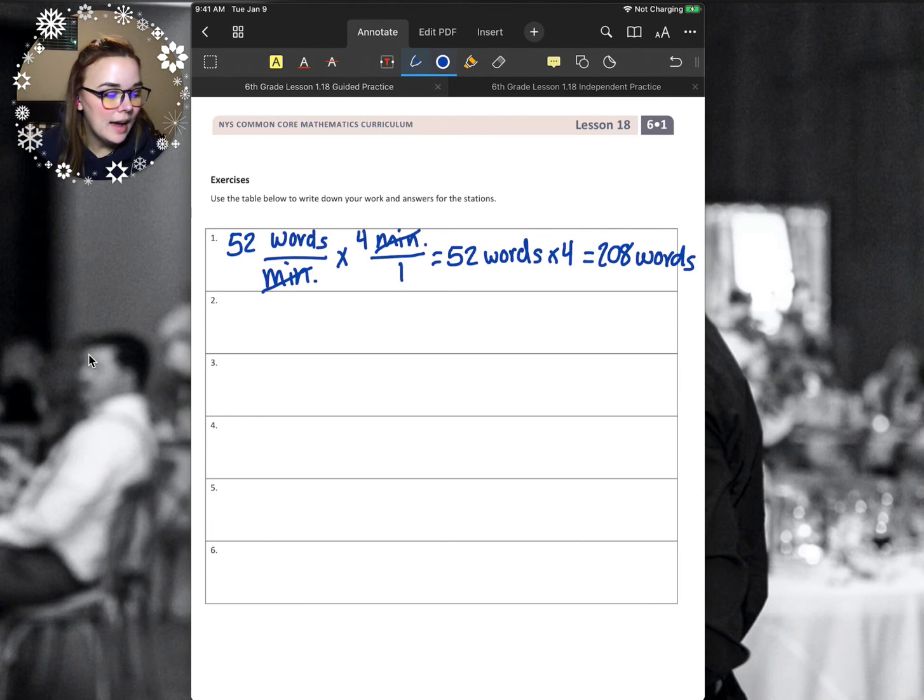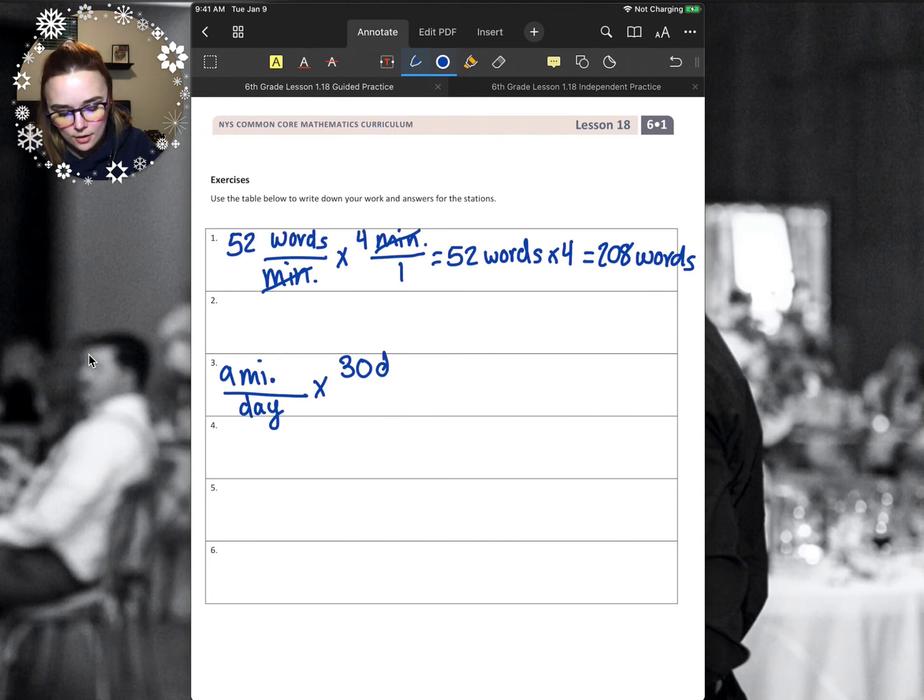Let's take a look at number 3. Number 3 says, to train for an upcoming marathon, Alvin runs 9 miles per day. If Alvin runs 9 miles every day for 30 days, how many total miles will he run? So we know that he runs 9 miles per day, and we want to know how many he'll run in 30 days.